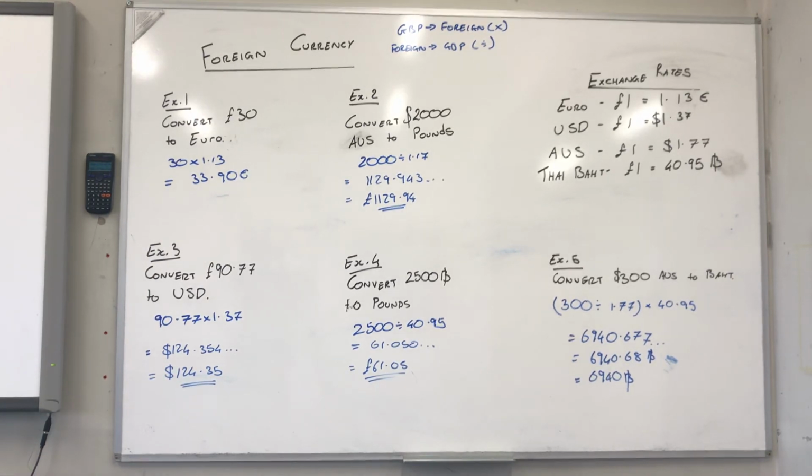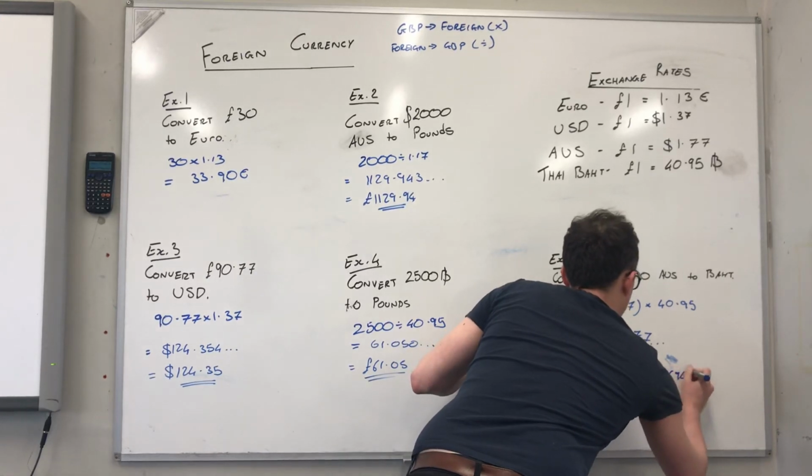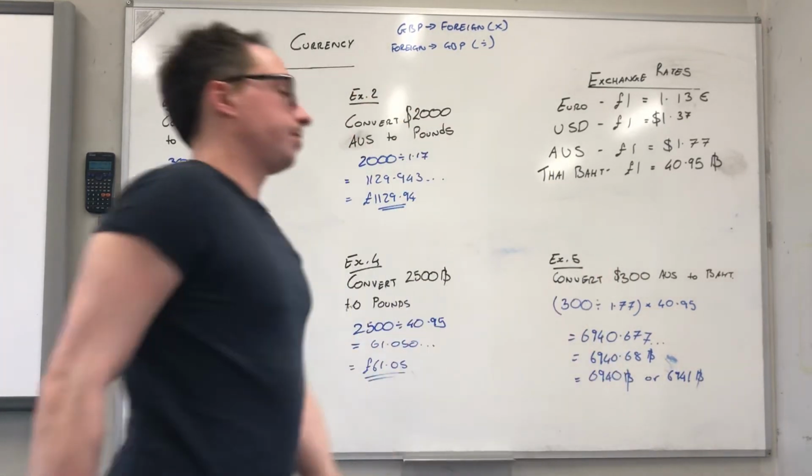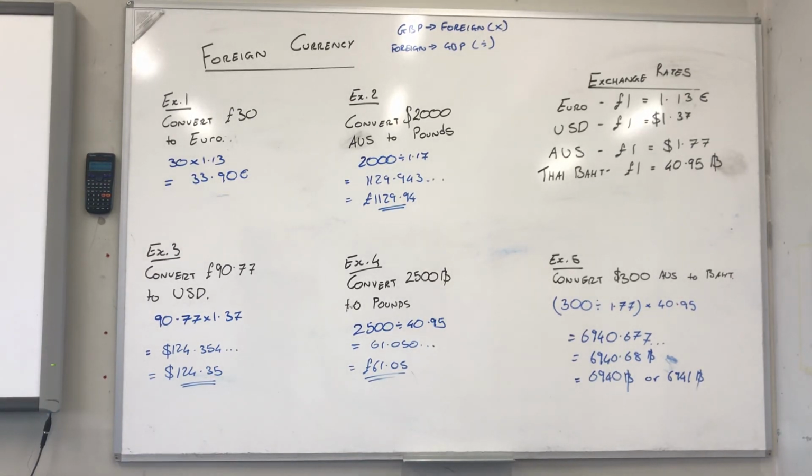So for that question, they would probably just round it down to 6940, or perhaps they would round it up to 6941, depending on how nice the foreign exchange place is planning on being, because they're going to try and make money from you.